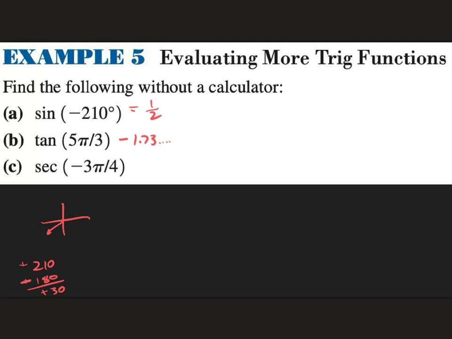But let's find the reference angle for 5 pi over 3. So pi over 3 is about 60 degrees. 2 pi over 3 is right there. 3 pi over 3 is right there. 3 pi over 3 is pi. 4 pi over 3.